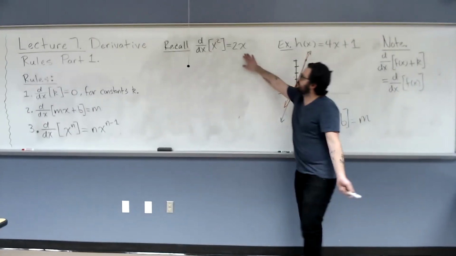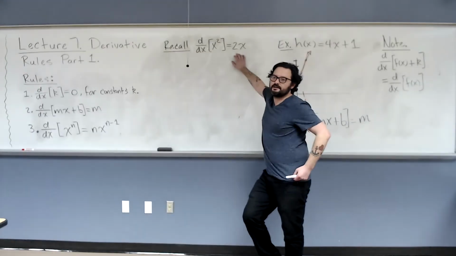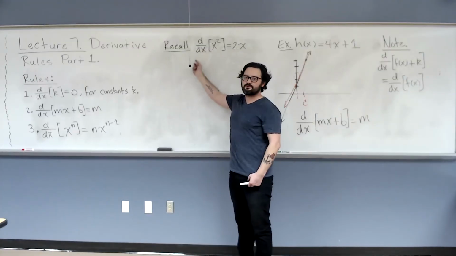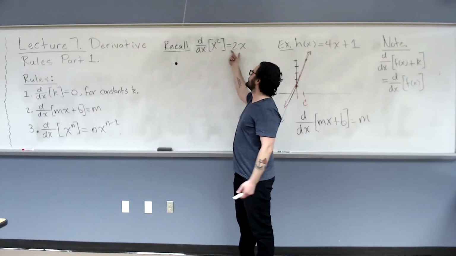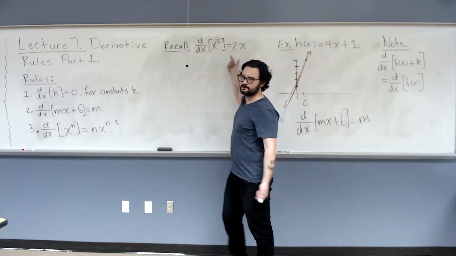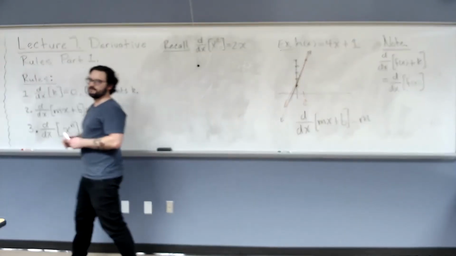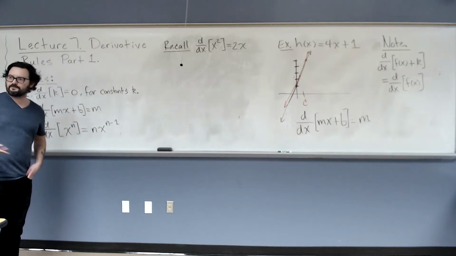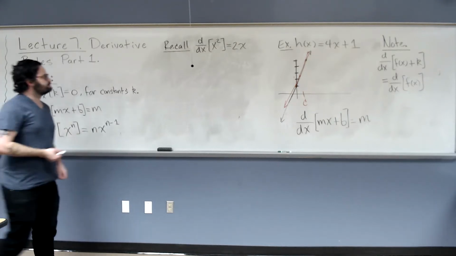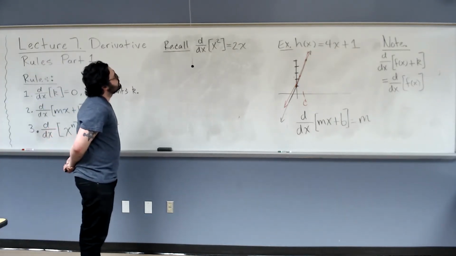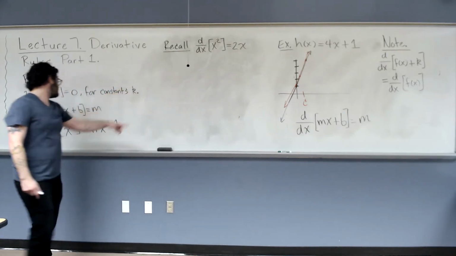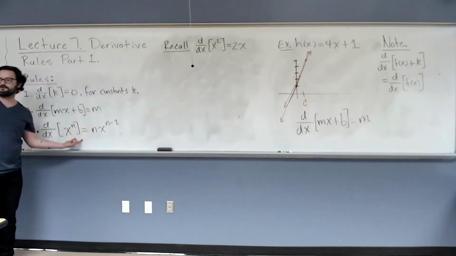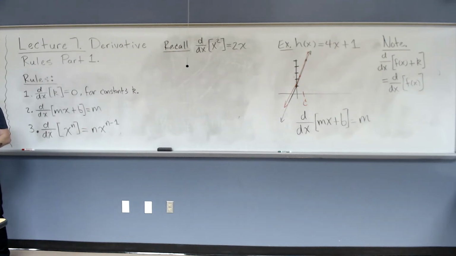So this does indeed return a function of x. So the derivative as an operator applied to a function will sometimes return another function of x, which gives you the derivative at every point in the domain, okay, provided the derivative exists at those points. So that is a specific case of this formula here. Okay.